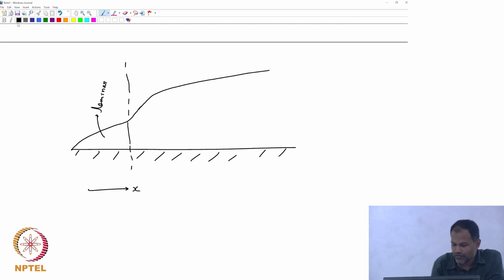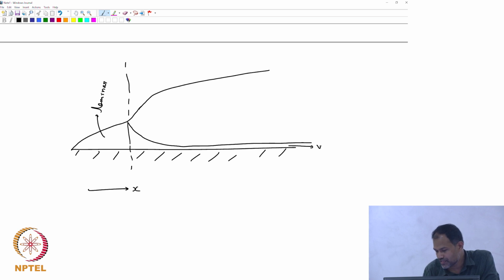The laminar region will become smaller and smaller and become a very thin layer, which is what we called the viscous sublayer or wall layer.